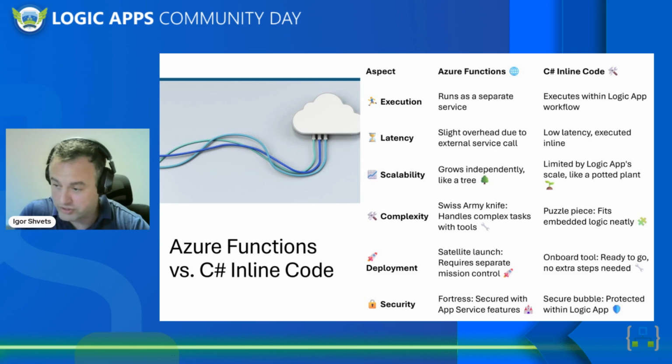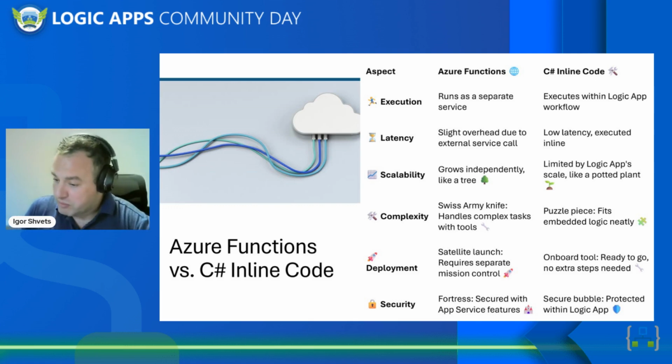With C# inline code, low latency, executed inline. Scalability: Azure Functions grow independently like a tree, and inline code is limited by the Logic App scale, like a plant. The complexity: Azure Functions are a Swiss Army knife that can handle complex tasks with different tools. Inline code, the recommendation would be a puzzle piece. It fits within embedded logic very neatly, right?